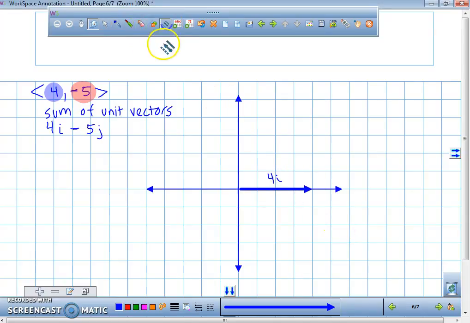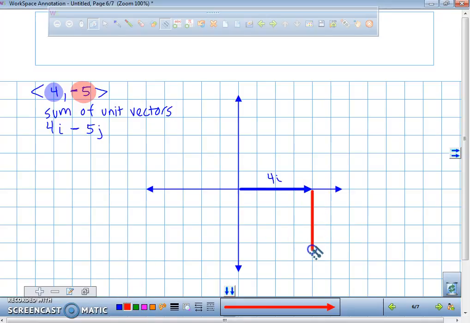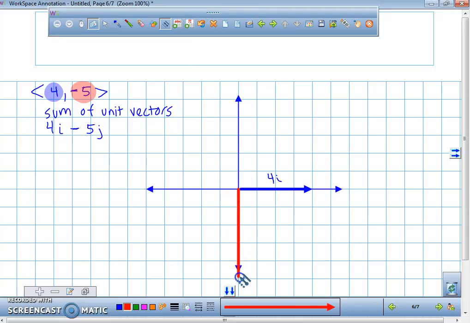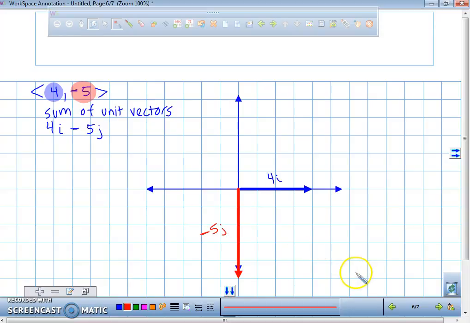Then we're going to go down how many units? Go down 5 units. Now you could go down 5 units here, or you could go down 5 units right here. So what does this represent? This represents a negative 5J.